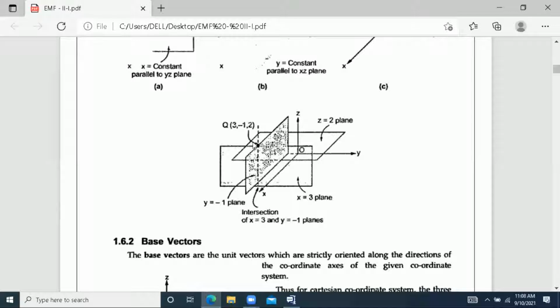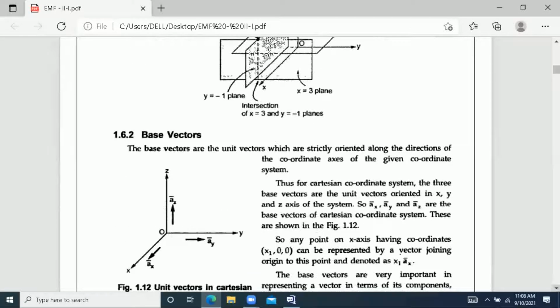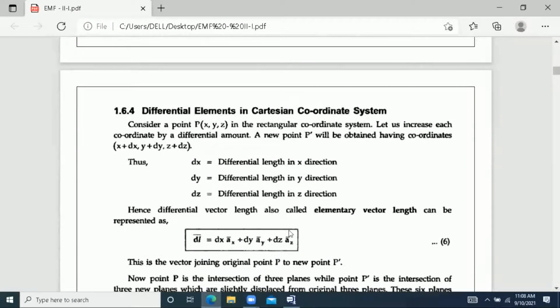So the small change in the coordinates that you move is the dx, dy, and the dz. So dx, dy, and dz are differential change in length: dx in the x direction, dy in the y direction, and dz in the z direction.